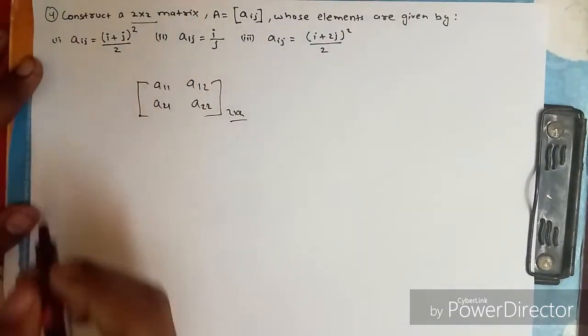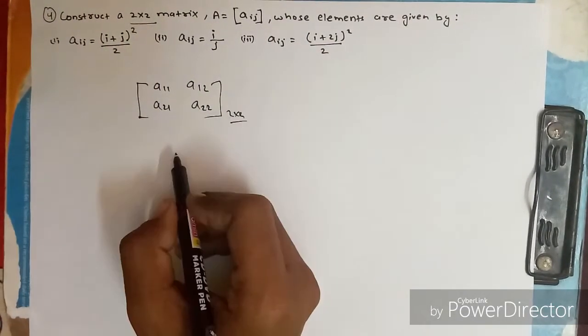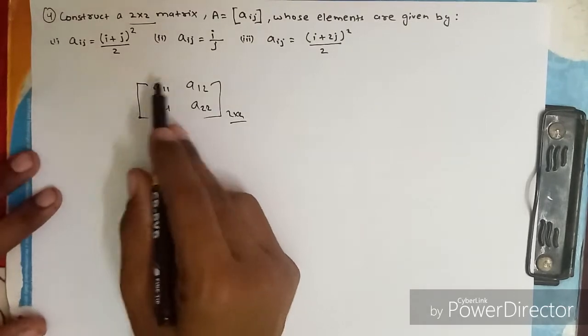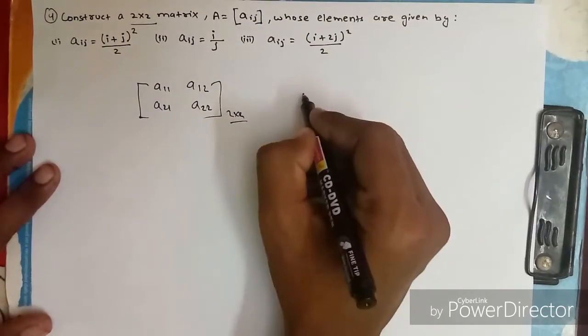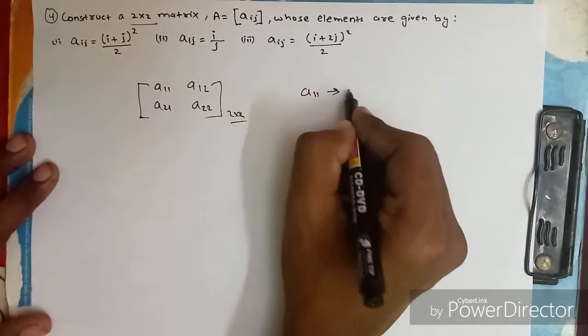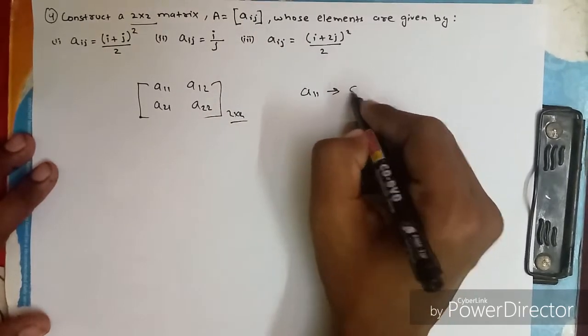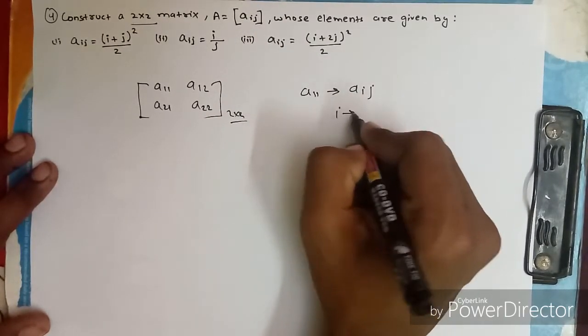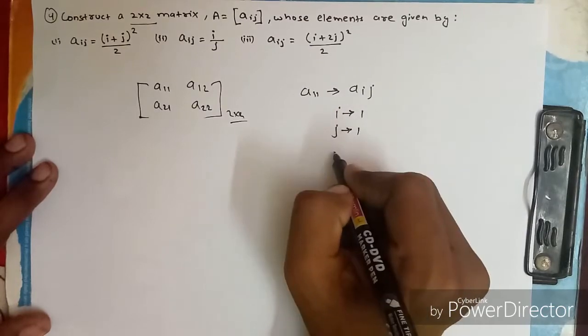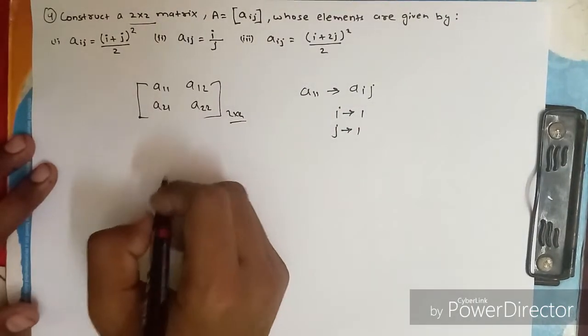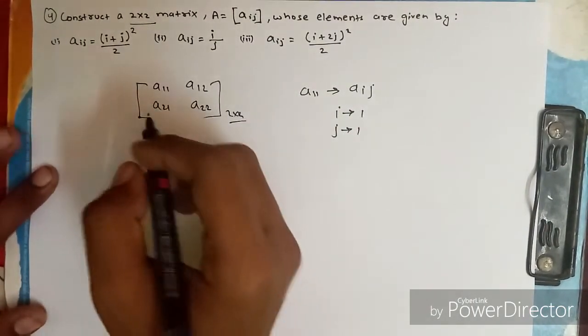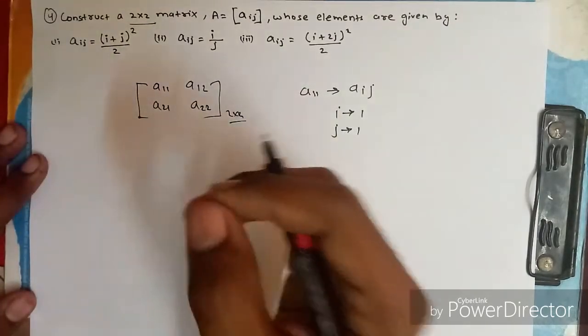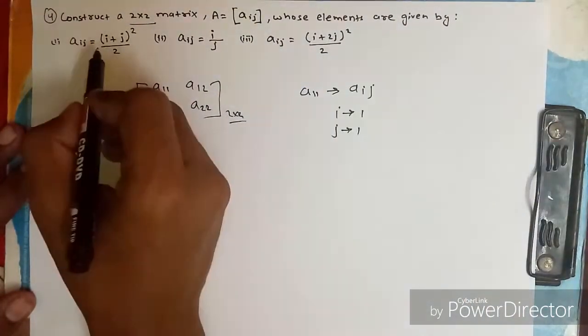Here, if you see this element A11, if you compare this with Aij, then the value of i is 1 and the value of j is 1. We have been asked to construct a 2 cross 2 matrix whose elements are given by this.